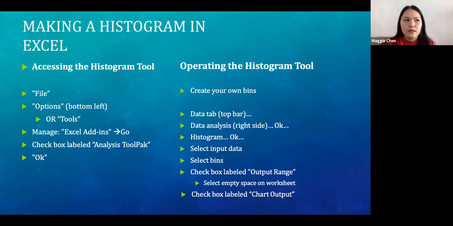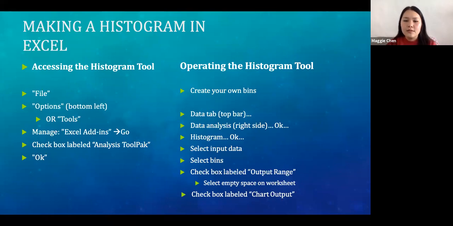For some students in the past who can't find their Analysis ToolPak, another option is to do this through Google Sheets, but I'm not as familiar and the formatting is a little different. If that's the case for you, just let me know and you can do it that way.